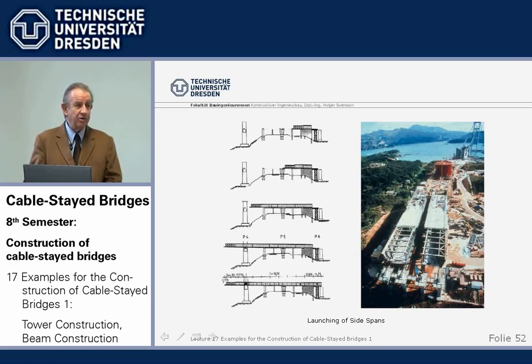However, I warn you, you need to make so many modifications to this first part. It's not simple, and it doesn't save you as much money as you were expecting. But we see here incremental launching of the concrete approach part with the first part of the steel beam as launching nose.